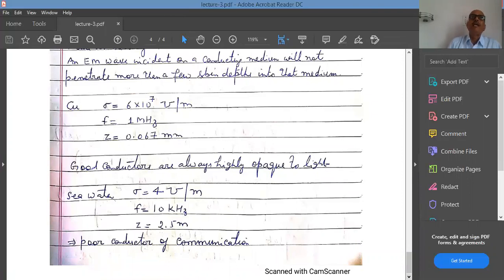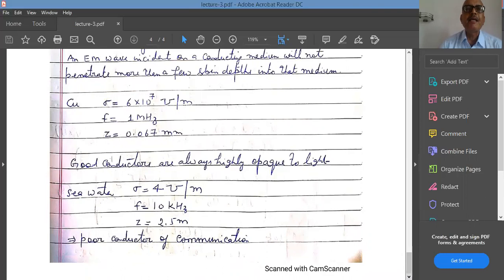If we want radio communication with a submerged submarine, in fact, it's not possible, because of the high conductivity and also the frequency that we choose. Radio communication is done at larger frequencies, and seawater has a larger conductivity also. Because of this, the effect of the wave is limited to the surface only, and it is very difficult to communicate a signal with the submerged submarine.